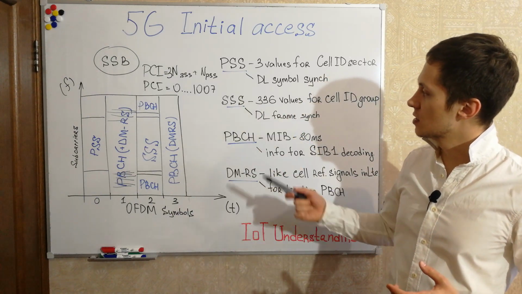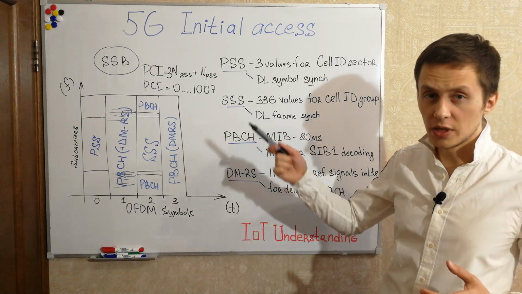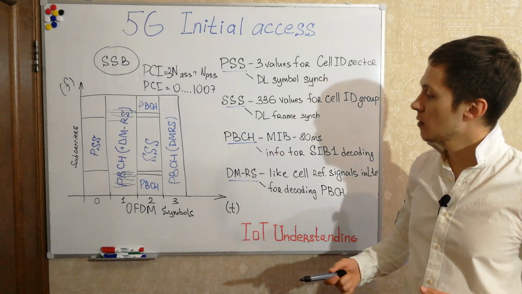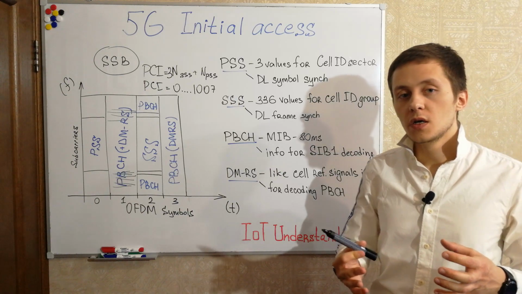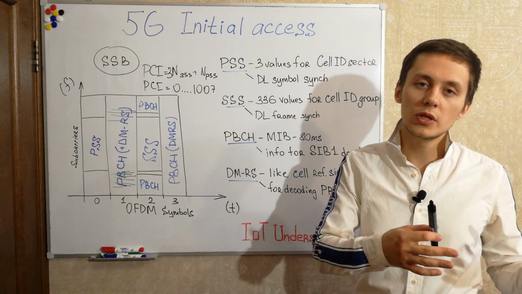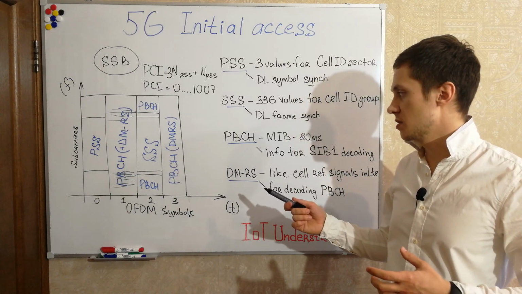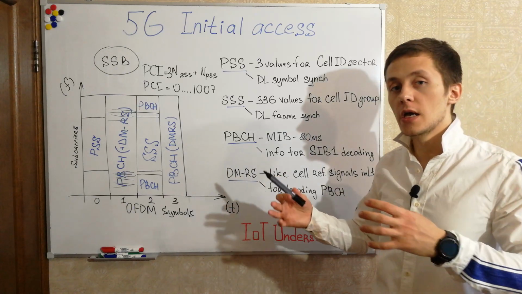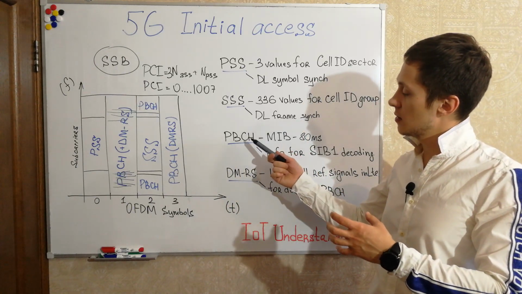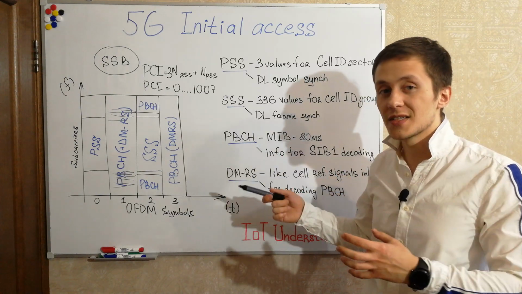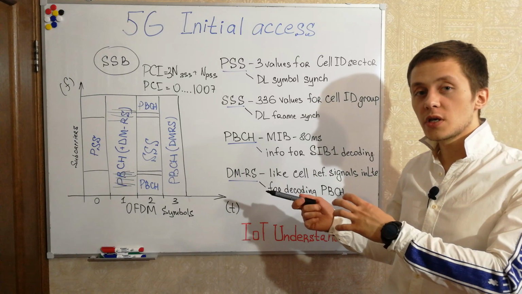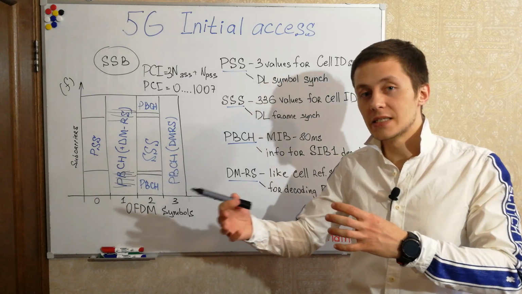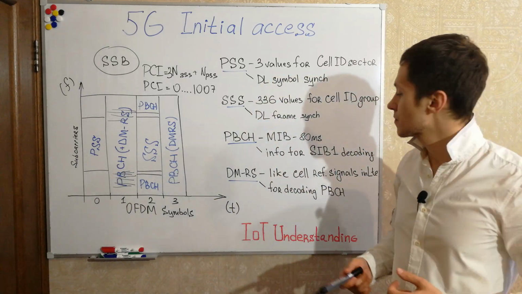So that's why these signals are modulated by BPSK, and the broadcast channel is modulated by QPSK, not only because PBCH is not the first channel in this process, but also because the physical broadcast channel contains lots of information, and this information should be carried by higher-order modulation techniques like QPSK.